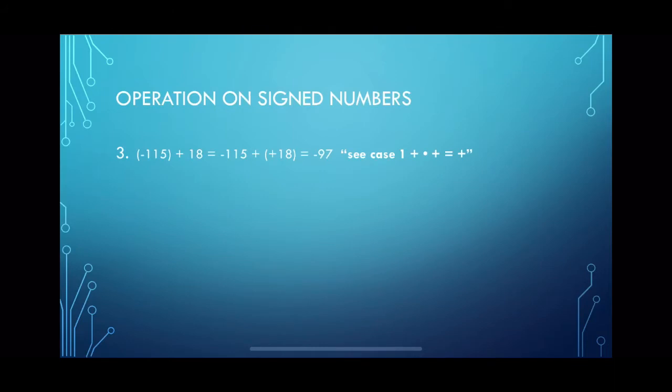For number 3, negative 115 plus 18 is actually written as negative 115 plus positive 18. As you can see, this follows case 1, positive multiplied by positive is equal to positive. So therefore, for negative 115 plus 18, the answer will be negative 97.